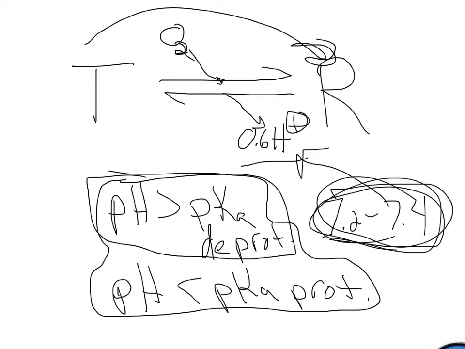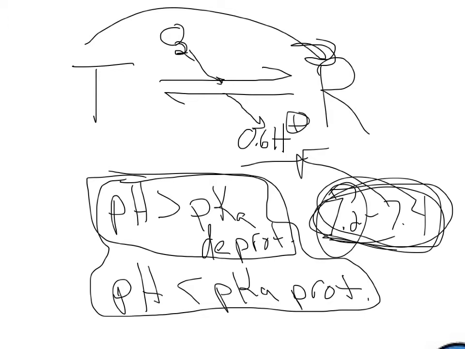So why is this important? Well, imagine the hemoglobin coming along and it reaches a place in the blood where there is a lower pH, maybe we're in the 7.2 range, for instance.